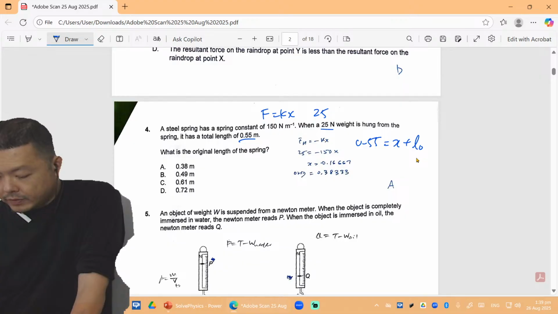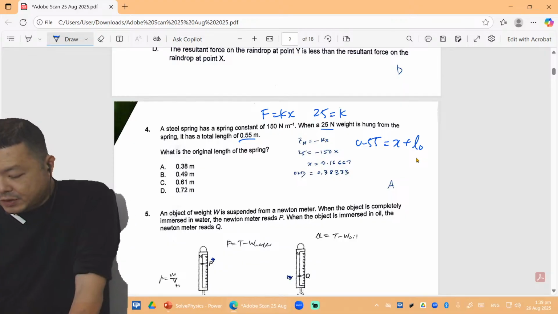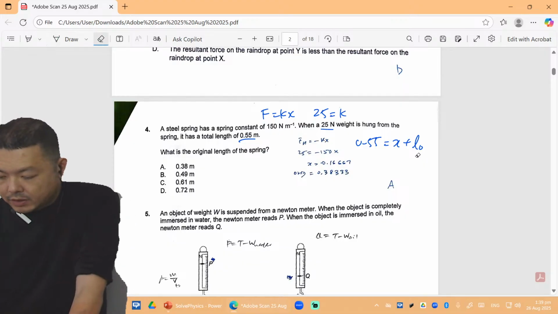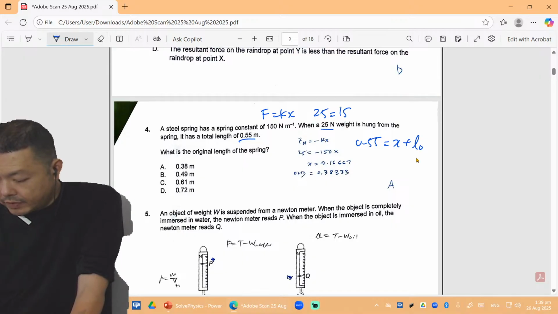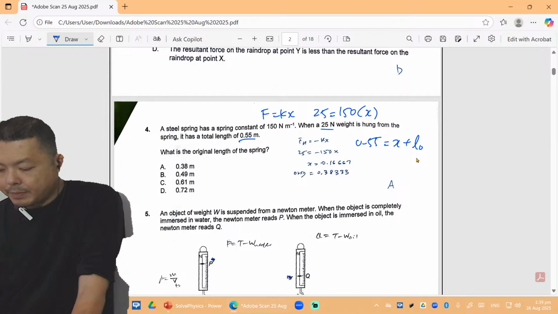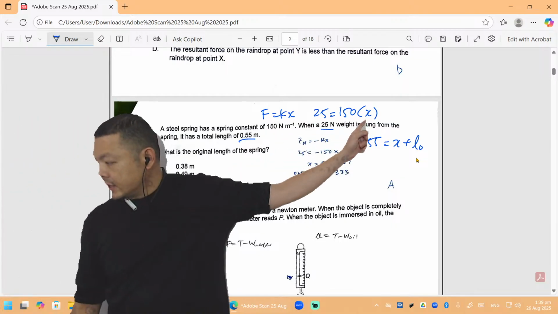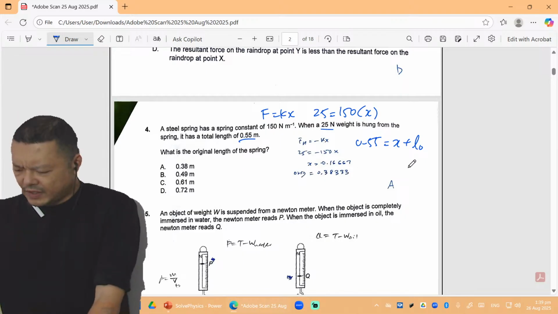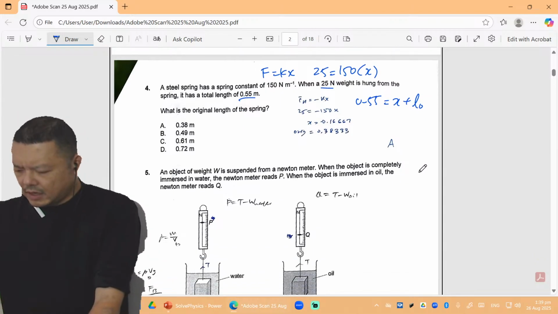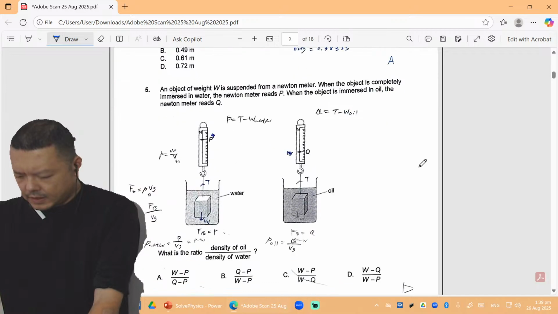If you hung a weight of 25, it would have stretched, right? Based on the equation, it would have stretched 150 times x. That would have been the extension, right? So you need to put x inside here and then find L naught. Okay? Also not too difficult, right? That's the equation for that one.